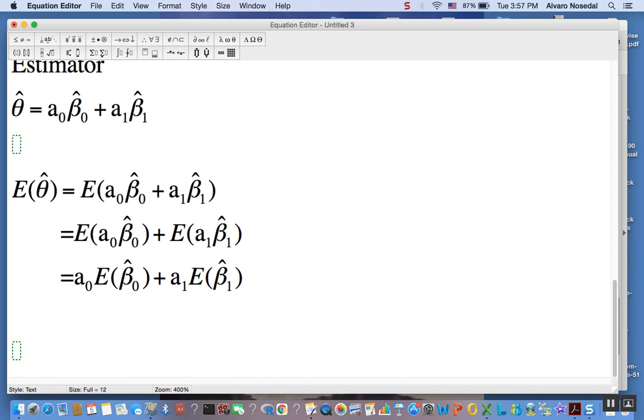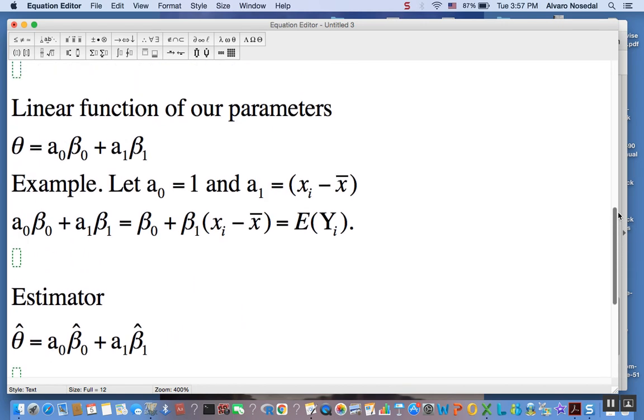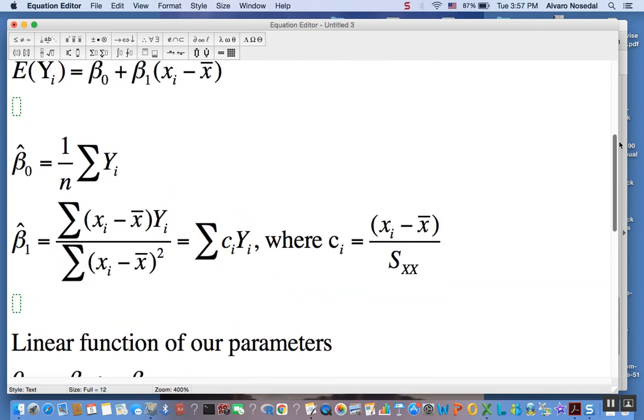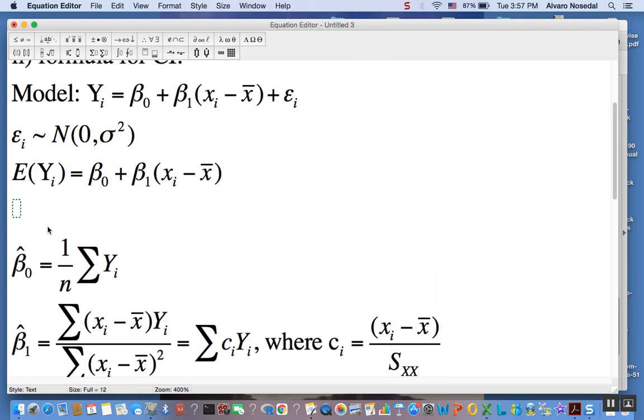Now the expected value of beta hat 0 happens to be beta 0. You can show that from the way that beta hat 0 is defined for the centered model.